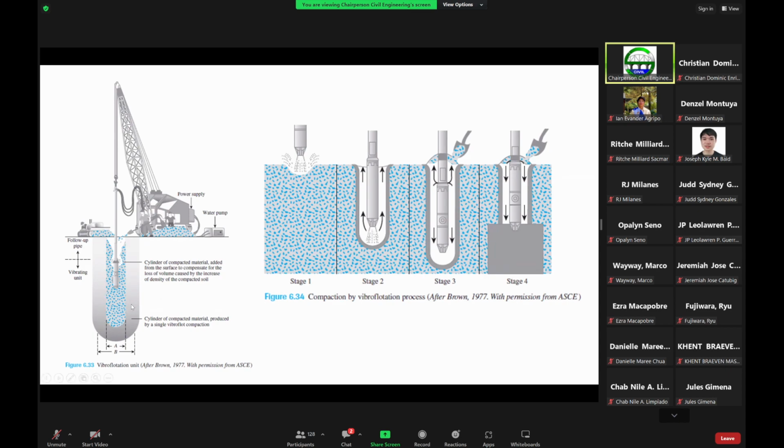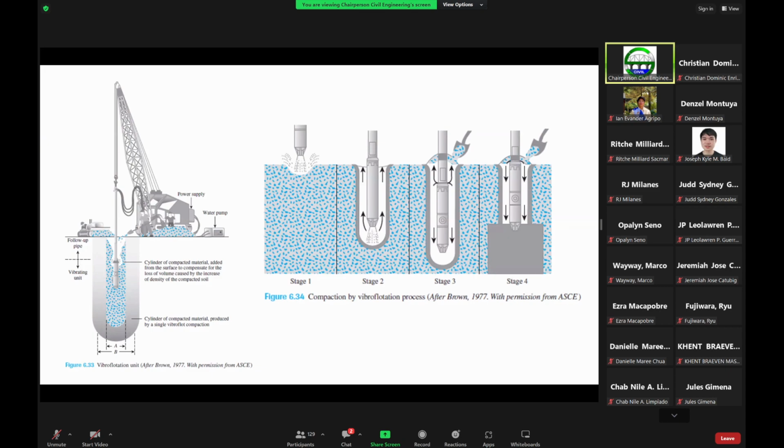Then you can either do purely vibro compaction, or you can also add some materials, due to the densification of the natural soil materials. So in this case, that's vibro compaction.